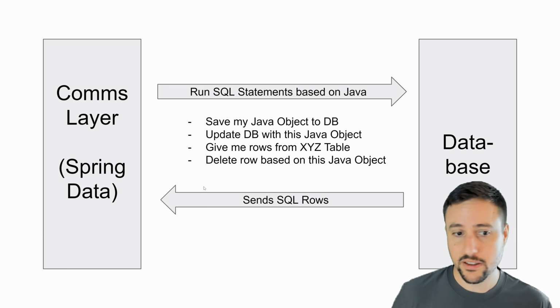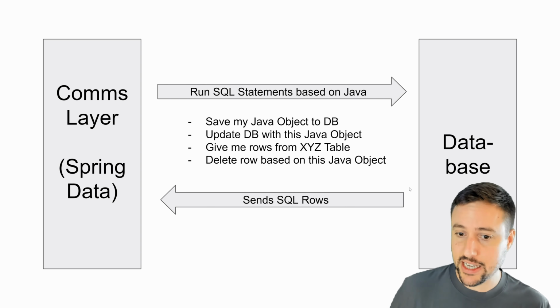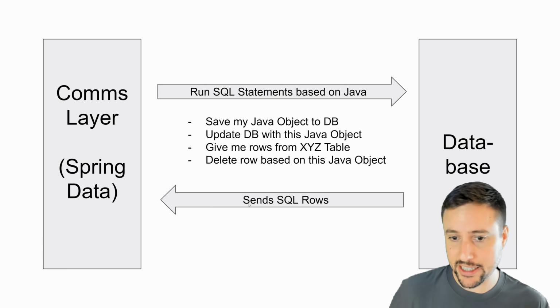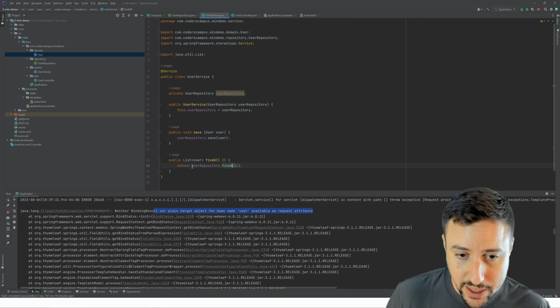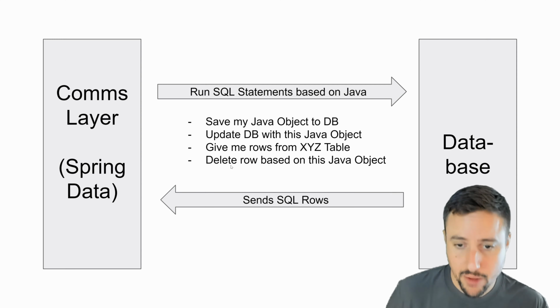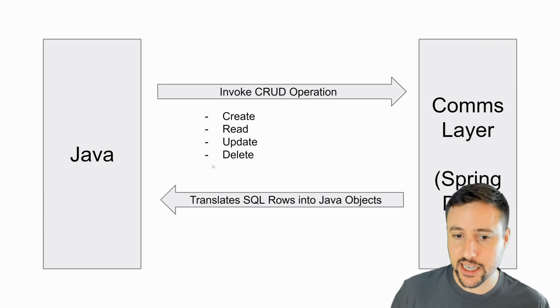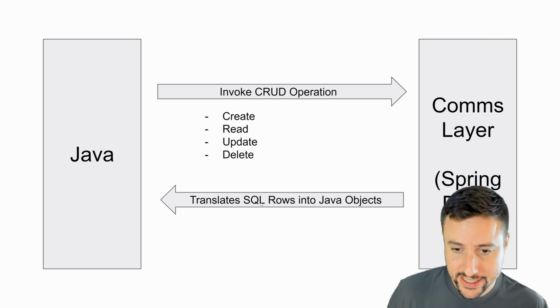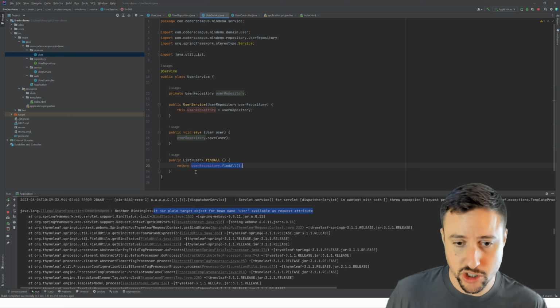Spring Data, for interacting with the database, will do a lot of the heavy lifting. Spring Data will communicate with the database to get the rows, and then once we get back here to the find all method in this layer, Spring Data will translate the rows back into Java objects.